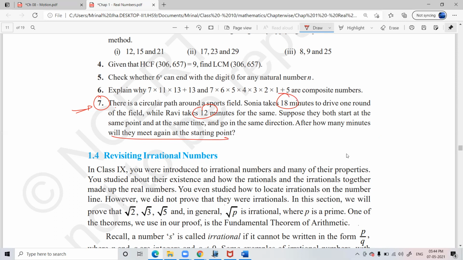Everyone understands? HCF? Will they meet after if one round takes 18? See, one person is going faster and one person is going slower. So if both of them start at the same time, where are they going to meet?